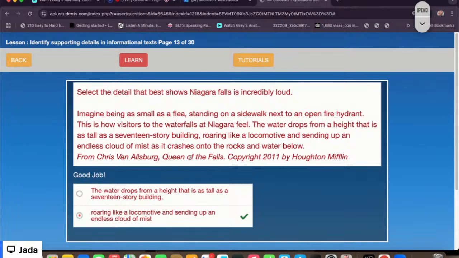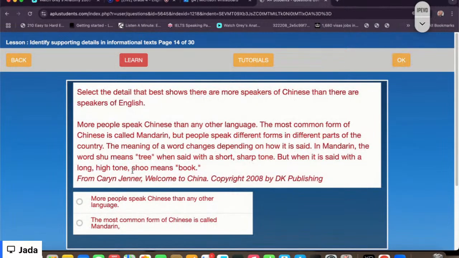So option two, which is correct. So select the details that best show that there are more speakers of Chinese than there are speakers of English. So is it the first or the second?